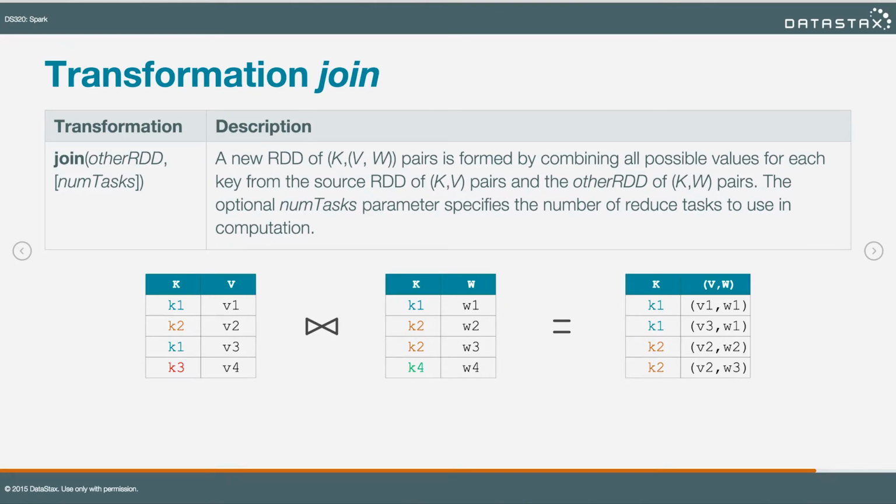Now, if you did that, you'll note that the output RDD has 2 rows for K1. Why is that? That's because there are 2 K1 rows in the left-hand RDD with values V1 and V3. And you see those V1 and V3 values show up in the output. There is a single K1 row in the other RDD in the middle there with value W1.